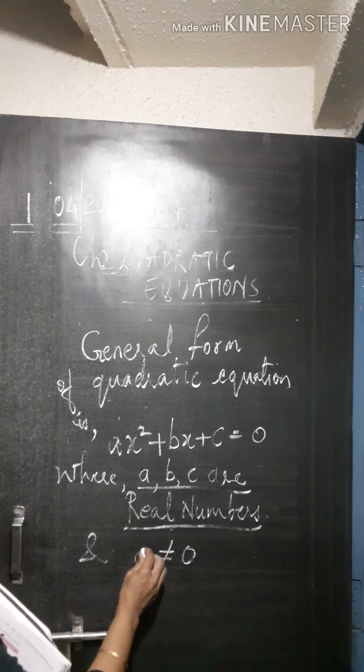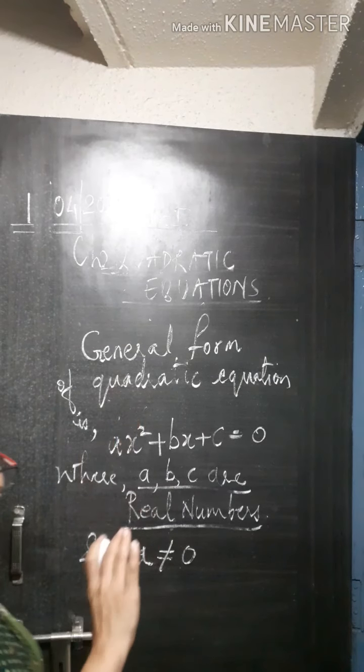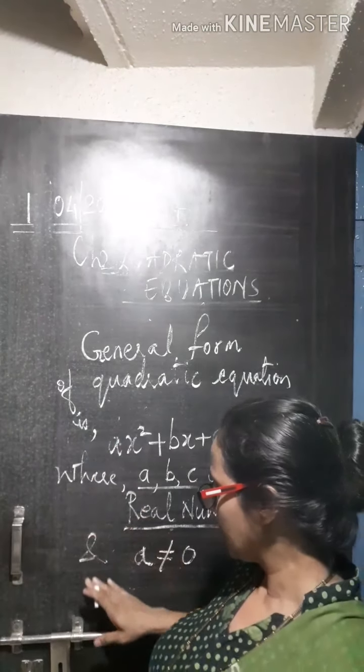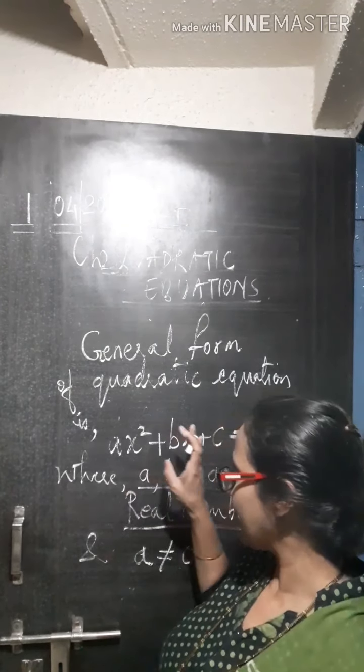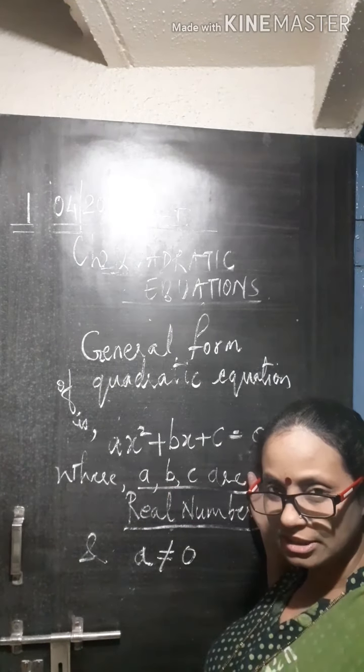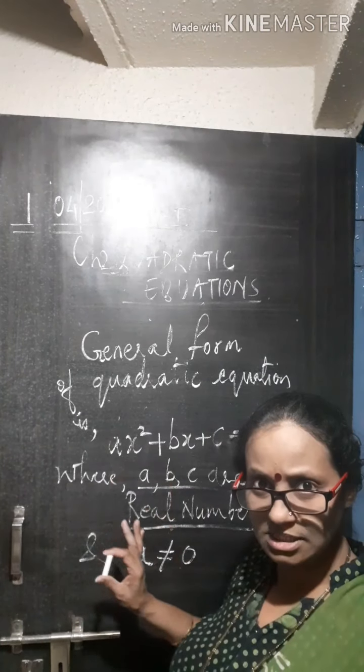So I wanted to add this important point under your definition, and that would be sufficient for you to identify the quadratic equation correctly. This is what you have to note down.